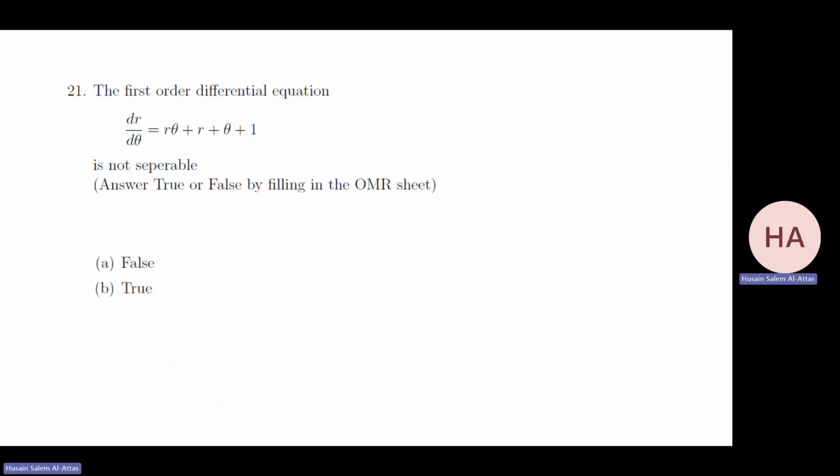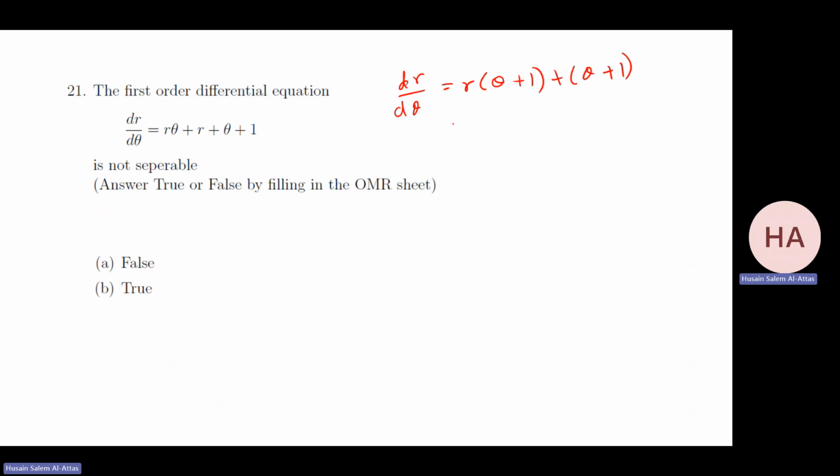True or false: the first order differential equation is not separable. It's separable. Why? Because if you look at it deeply, you have r theta plus 1 plus theta plus 1. Separable means I can separate the two variables with their derivatives.